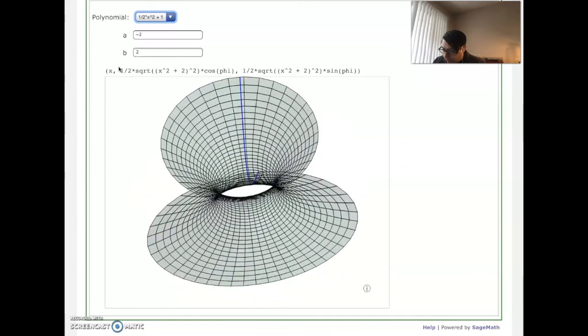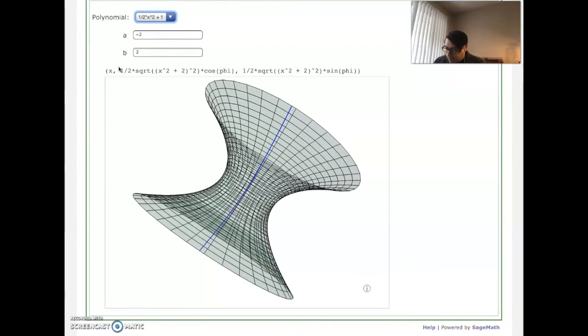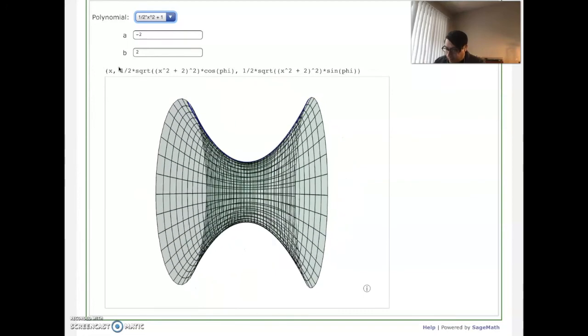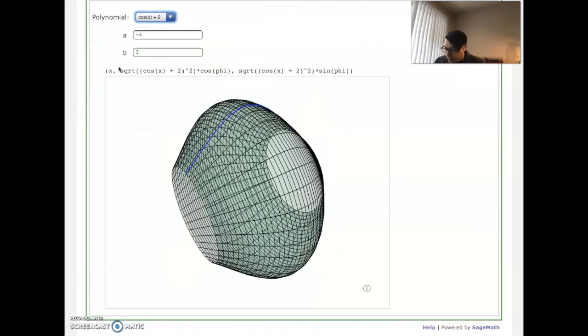But this one is actually a pretty good model for a black hole, since Schwarzschild geometry is modeled with a surface of revolution with a parabola. Not this exact parabola, but something that's a quadratic function. That's pretty neat. I'm going to look at one more, and then in the next video we'll do some of the calculations.